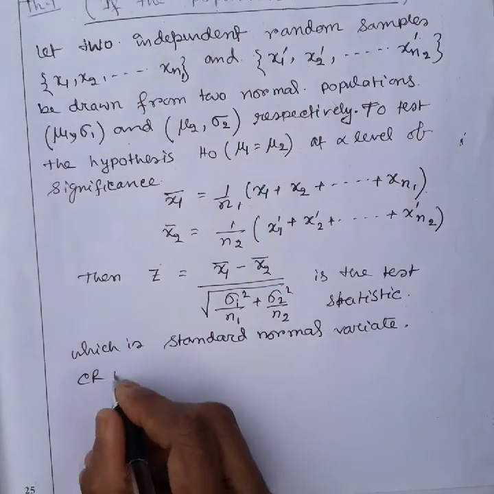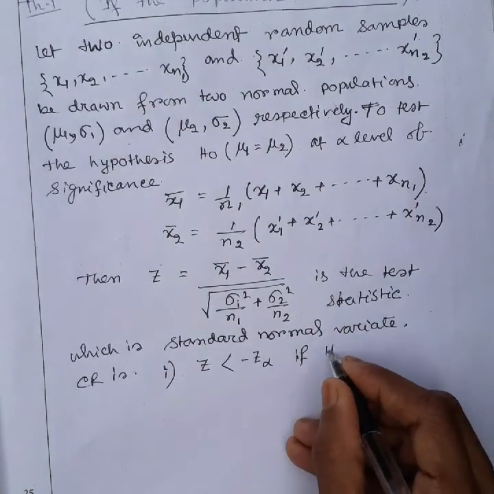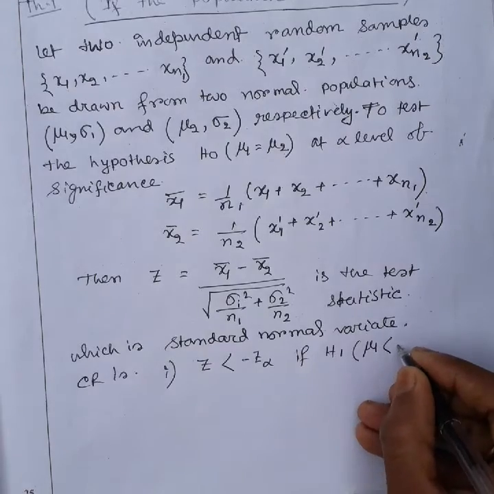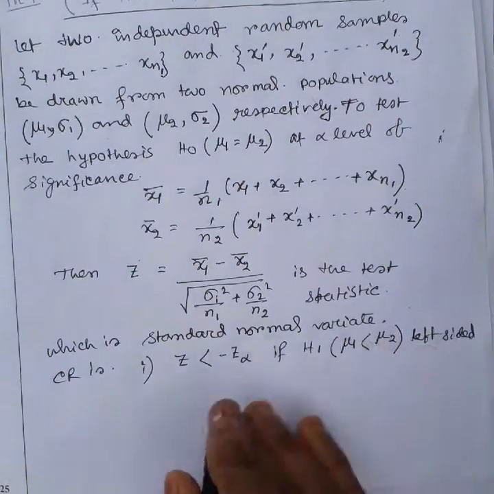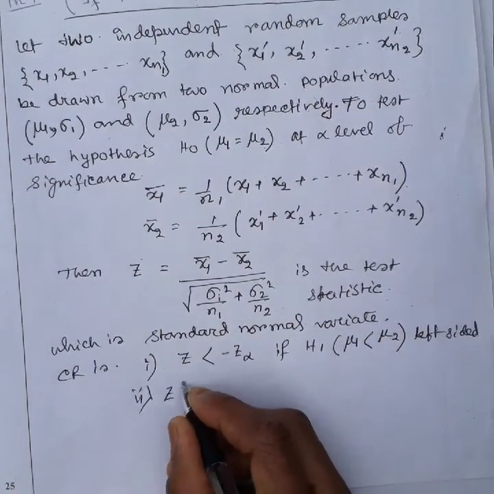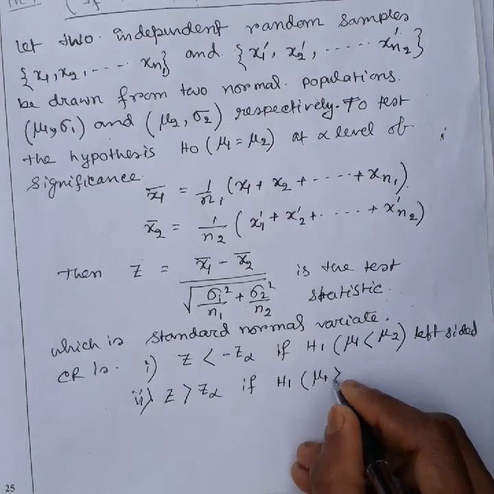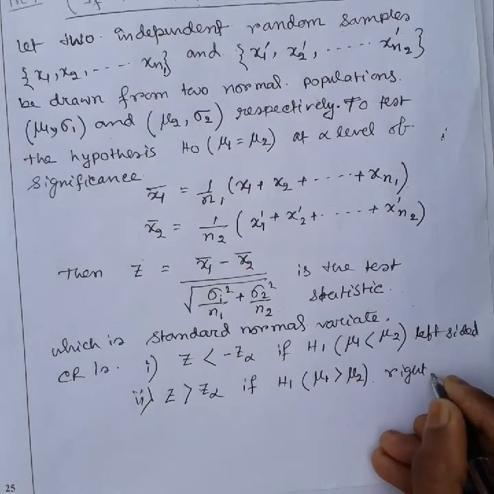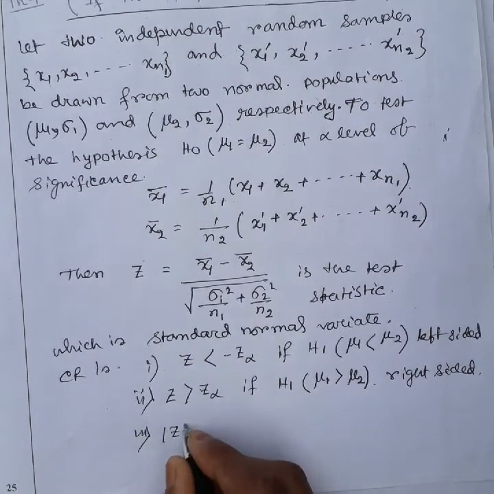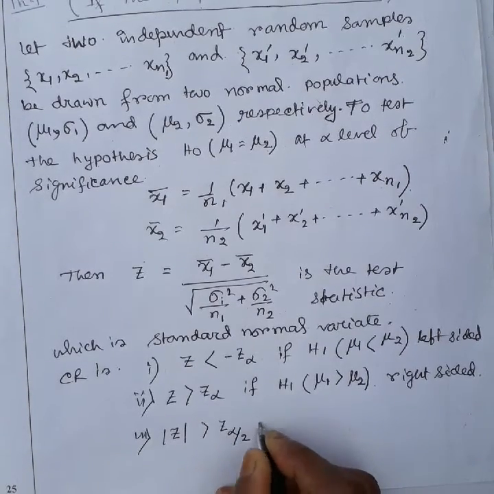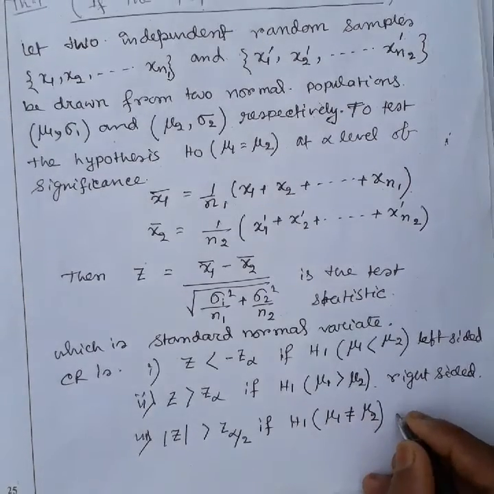And the critical region is: one, z less than minus z alpha if H1, the alternative hypothesis, is left sided, that means mu1 less than mu2; two, z greater than z alpha if H1 is right sided, that means mu1 greater than mu2; and three, mod z greater than z of alpha by 2 if H1 is both sided, that means mu1 not equal to mu2.